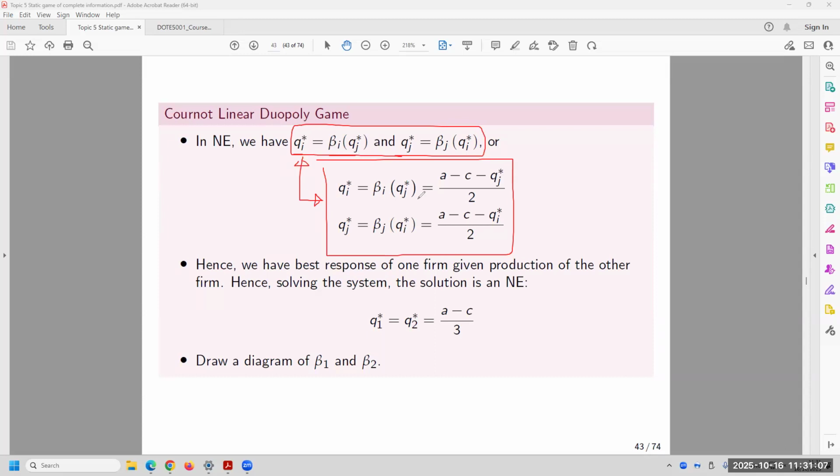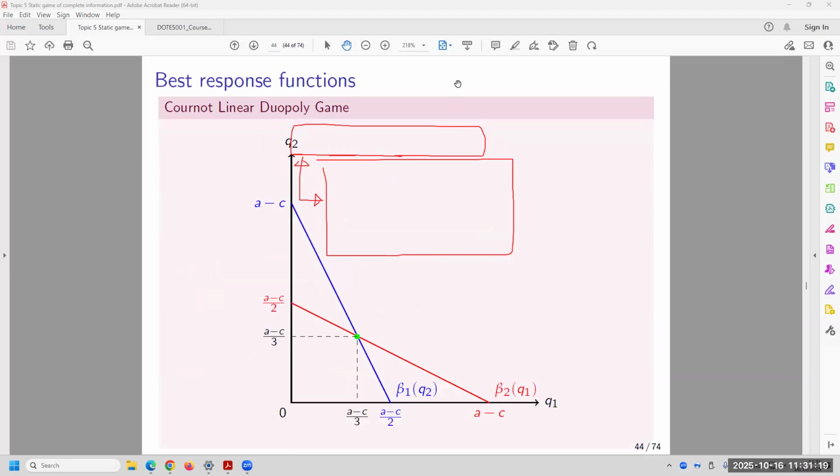So we are asking for the best response correspondence. Because this is complicated, usually we would draw a diagram. So let's draw a diagram here.